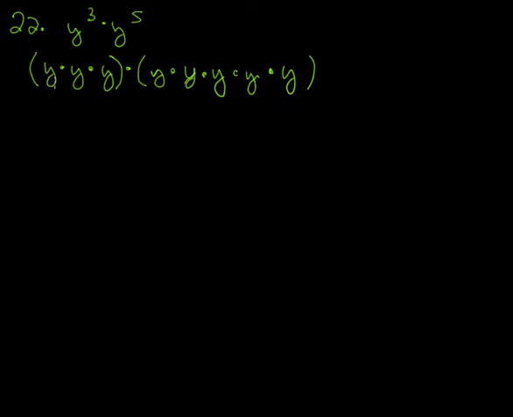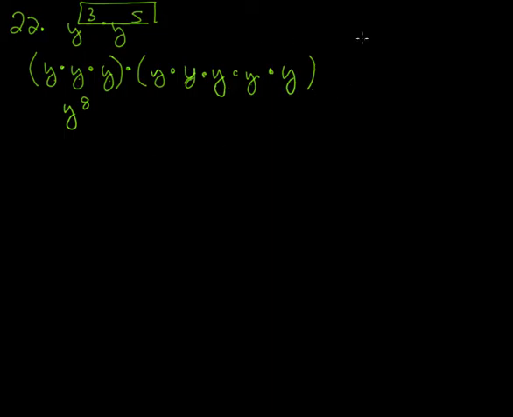So if we count up all the y's, 1, 2, 3, 4, 5, 6, 7, 8, we get y to the eighth. Well, that was the same as adding up how many times we multiplied these.